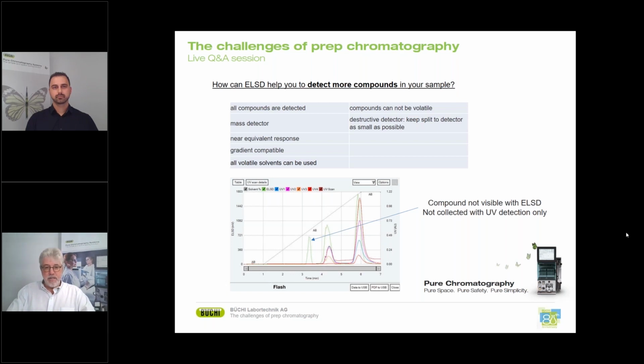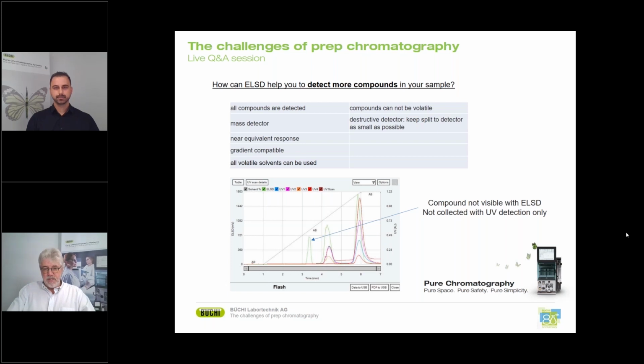In the chromatogram here on the bottom, you see an example. The green signal that you see is the light scattering signal. If you look at that first peak here, there is no UV trace at all. There is no colored blue or purple trace here. If you would only use UV, you would never see that compound and as a consequence, never collect it.